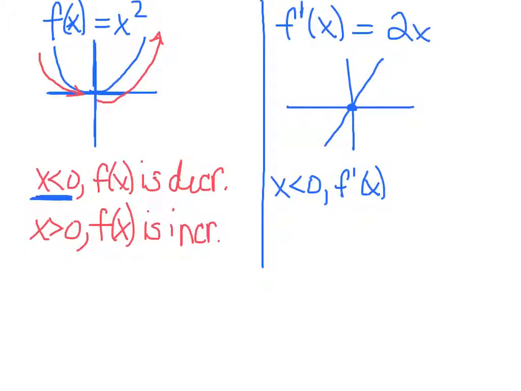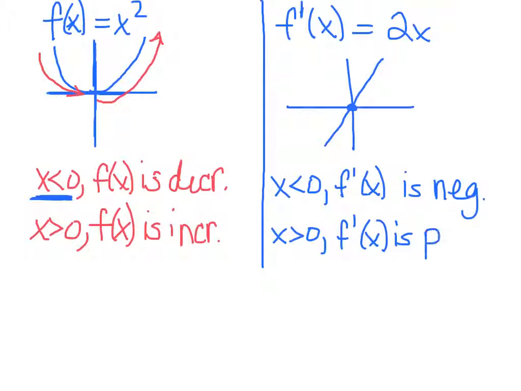When it's below the x-axis, we say that the derivative is negative. Now let's look at when x is greater than 0. Do you see that the derivative is above the x-axis? So in other words, the derivative is positive.